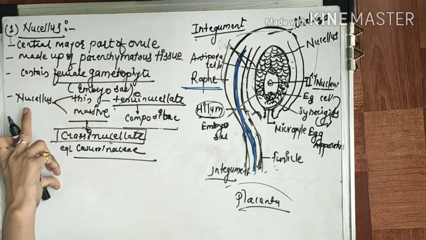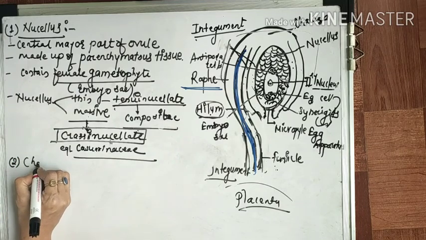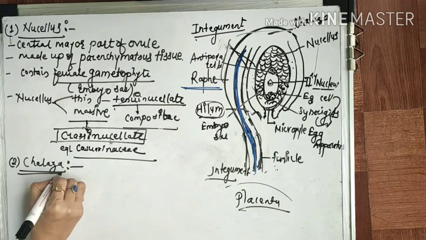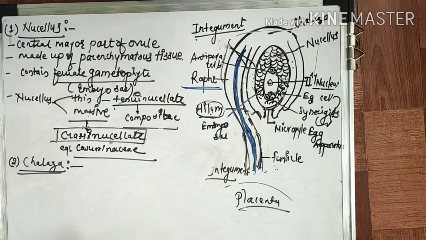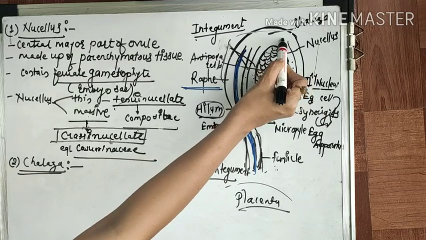So this is all about the first part, called the nucellus. The second part we will discuss is called the chalaza. You can see where the chalaza is.